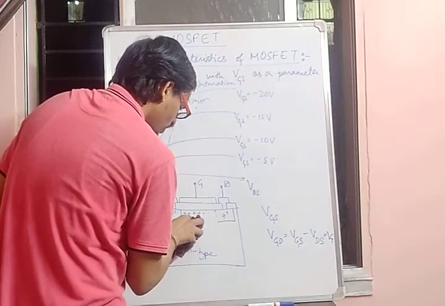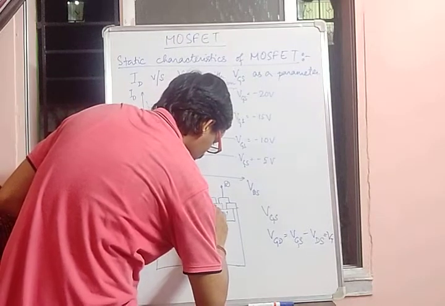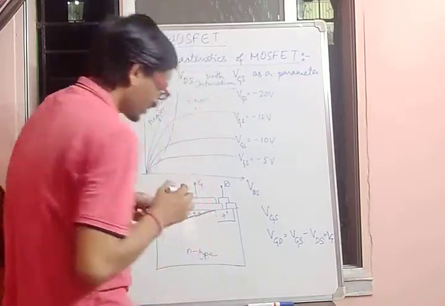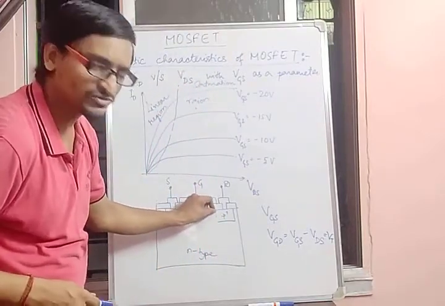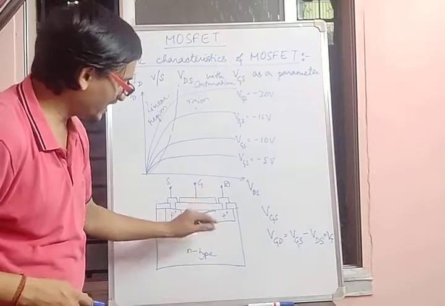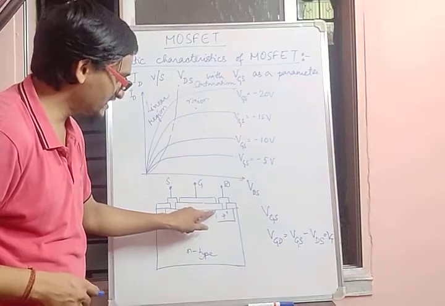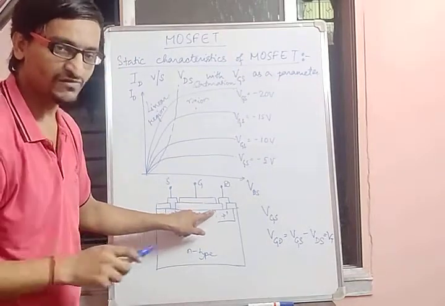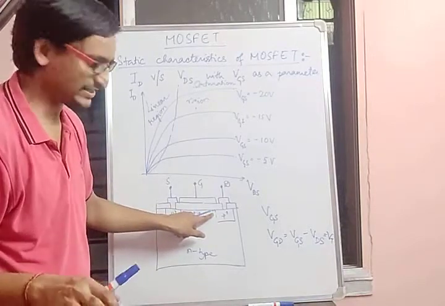That means what will happen? Here the channel will just reduce to 0. They just touch each other at this point. So this point is basically called the pinch off. At this stage we say that the pinch off phenomenon has taken place.